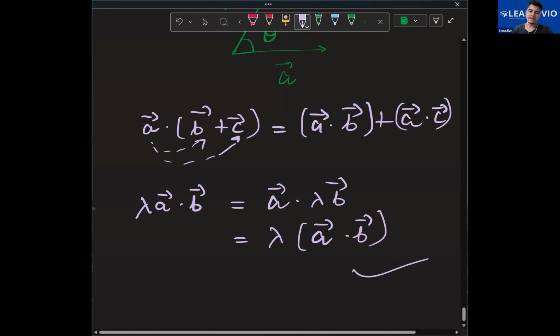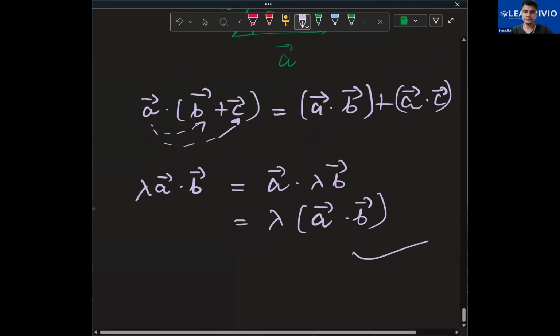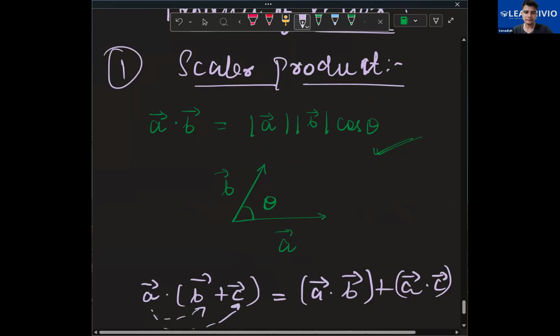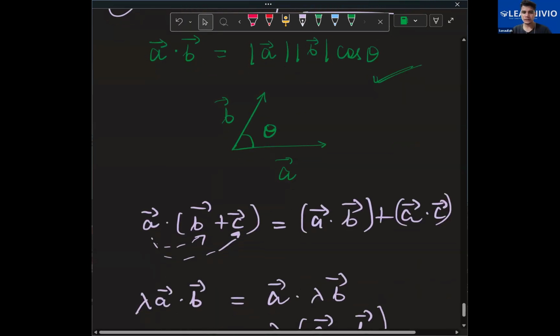This is scalar multiplication in the dot product of two vectors. I hope this is clear. This was your scalar product. All right. Okay, so now let's do a question on this scalar product.